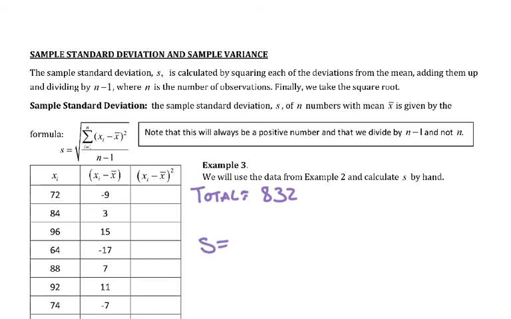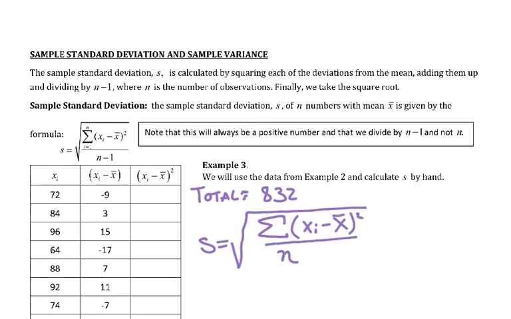So let's talk about this formula here. That's not our final answer yet, of course. We did the squaring of each of the deviations. We have added them up, and now we're dividing by n minus 1.